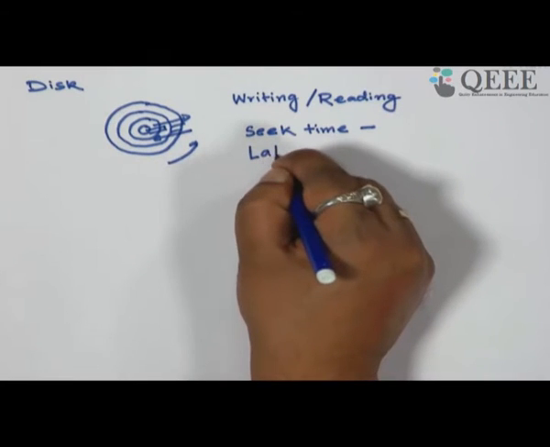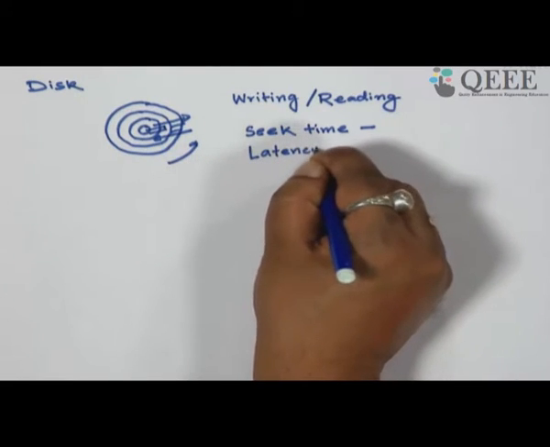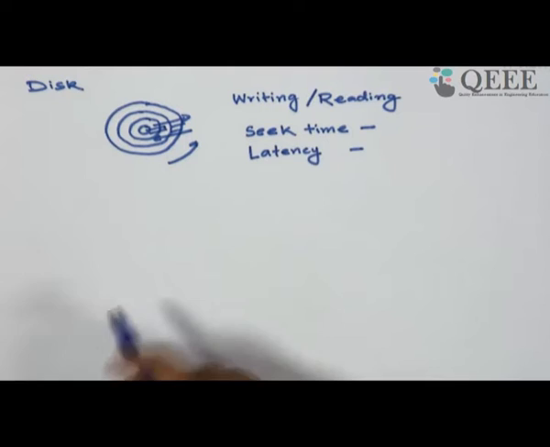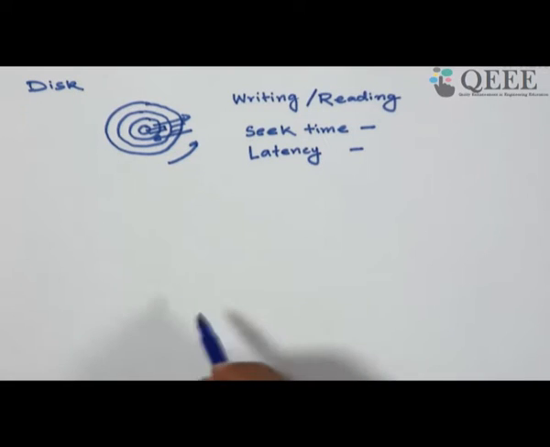Not that it is moving radially outside or inside, that is the seek time. Similarly, there is a latency, which is once it reaches that particular track, how much time it takes for that particular sector to rotate and come under the head. The seek time is often larger than the latency.